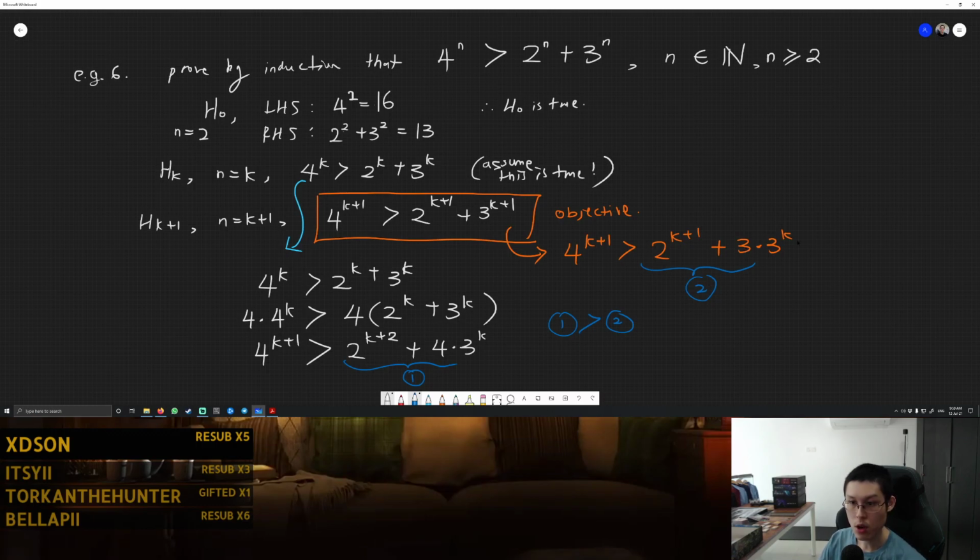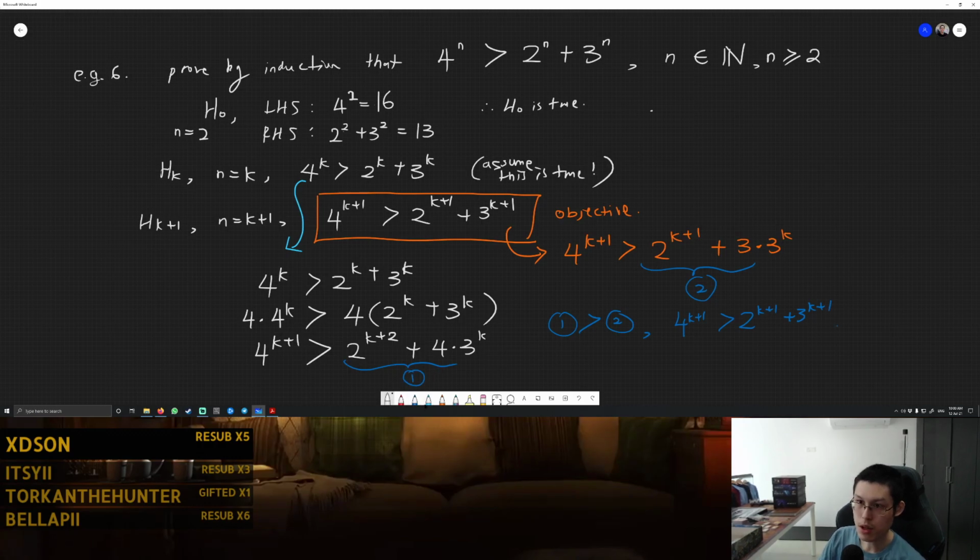So this guy is always going to be greater than this guy, which means if 4^(k+1) is bigger than this guy, 4^(k+1) must also be bigger than something that is smaller than this guy. Okay, so 4^(k+1) must be bigger than 2^(k+1) plus 3^(k+1).